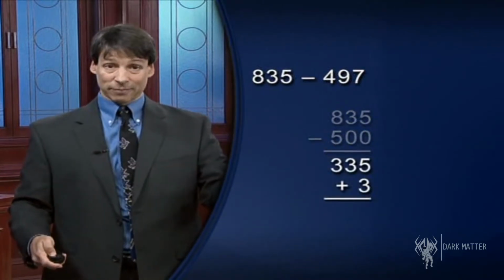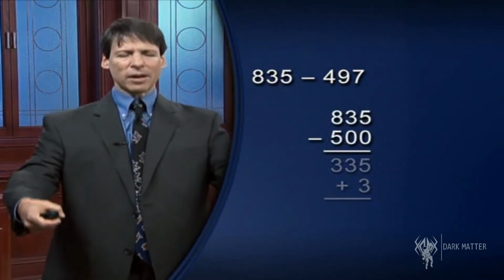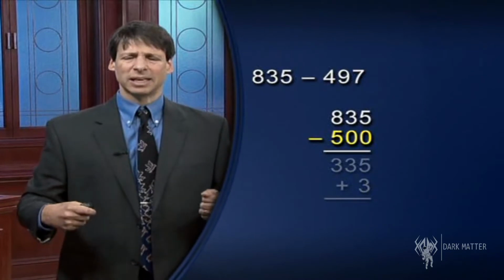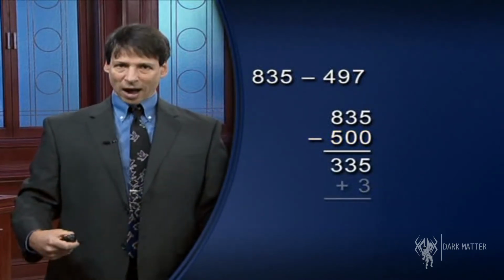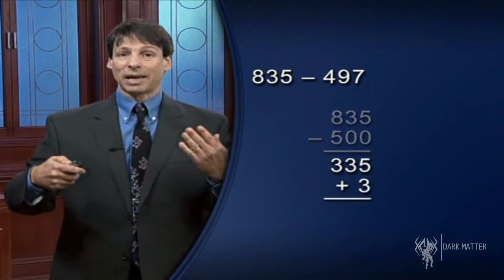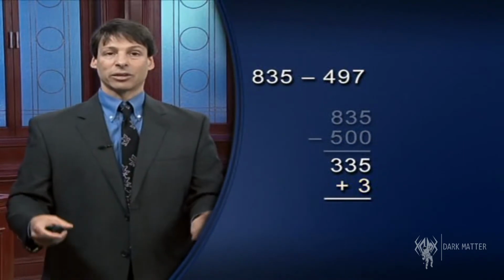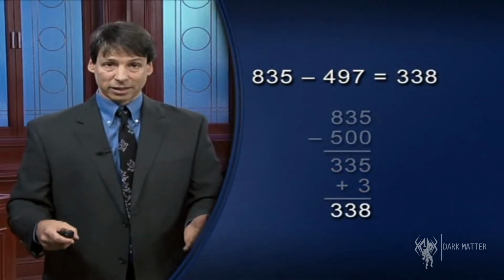So to subtract 497, we'll subtract 500, then add back 3. 835 minus 500 is 335, and now we add back 3 to get 338.